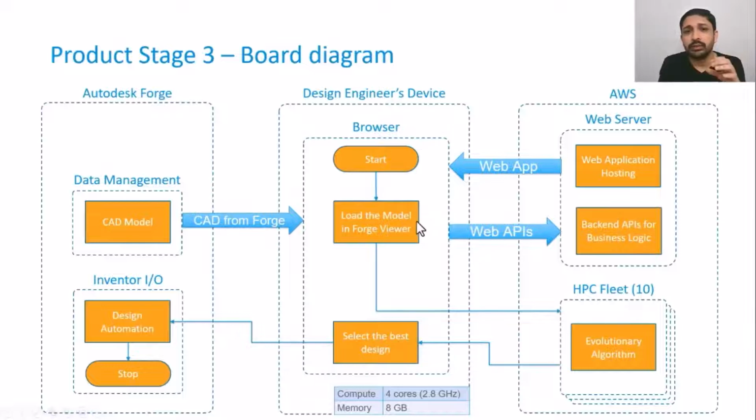Then you are providing all your inputs in the browser-based application, and by taking those small inputs from the user, the application goes to the backend inside the server, and runs the heavy evolutionary and generative algorithms to optimize the design, and then select the best design.